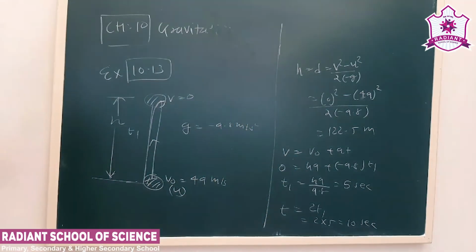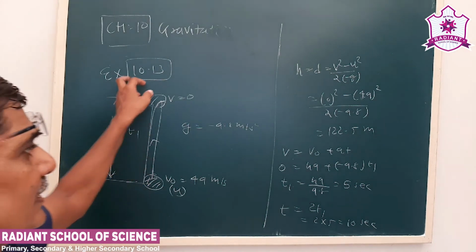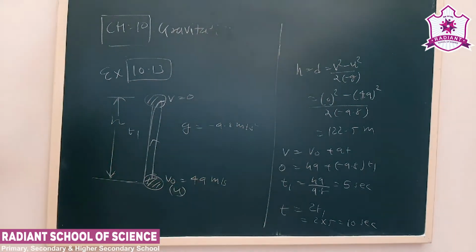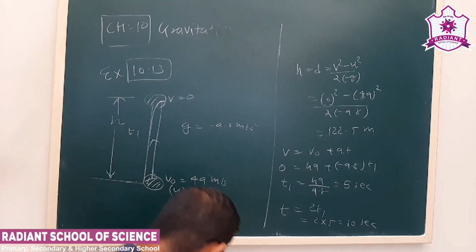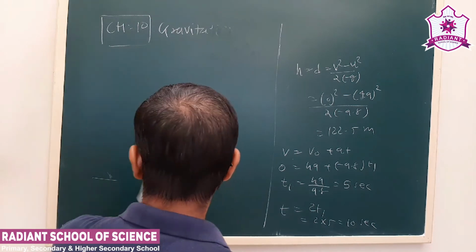So here we have to find out two things. First is the maximum height attained, that we have calculated as 122.5 meter, and time taken to reach the earth. Okay. Now see the next question is exercise sum number 10.14.